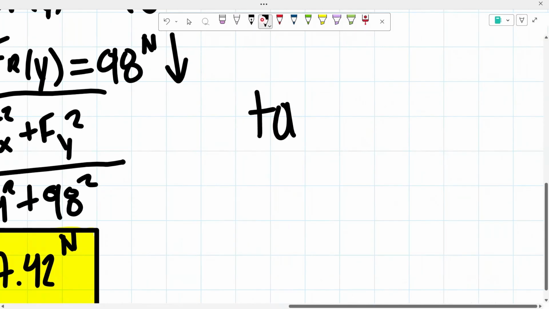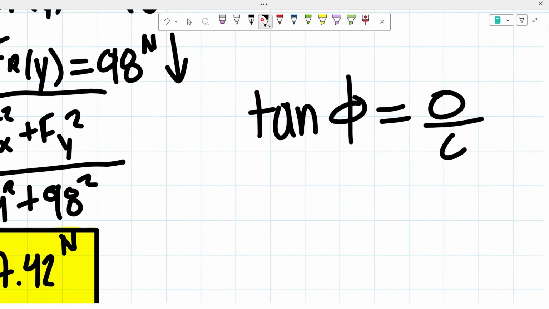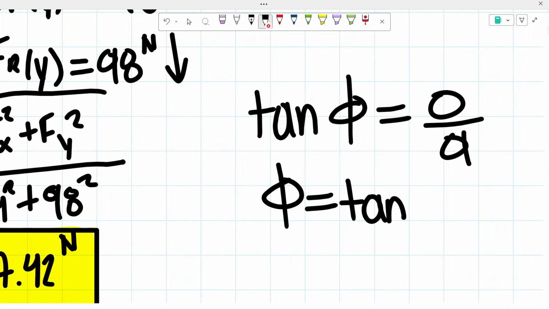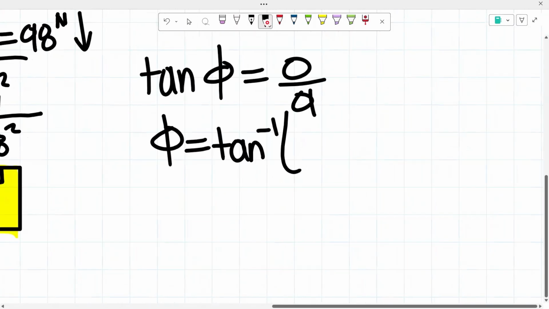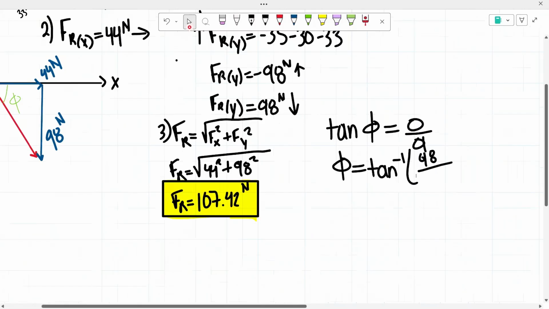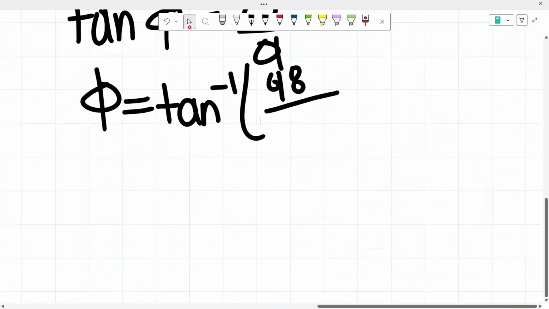So tangent phi, or tangent theta, whichever symbol you want to use, is equal to opposite over adjacent. So we would end up getting that our angle is equal to the tangent inverse of our opposite side, which is the 98 newtons, over our adjacent side, which is 44 newtons.